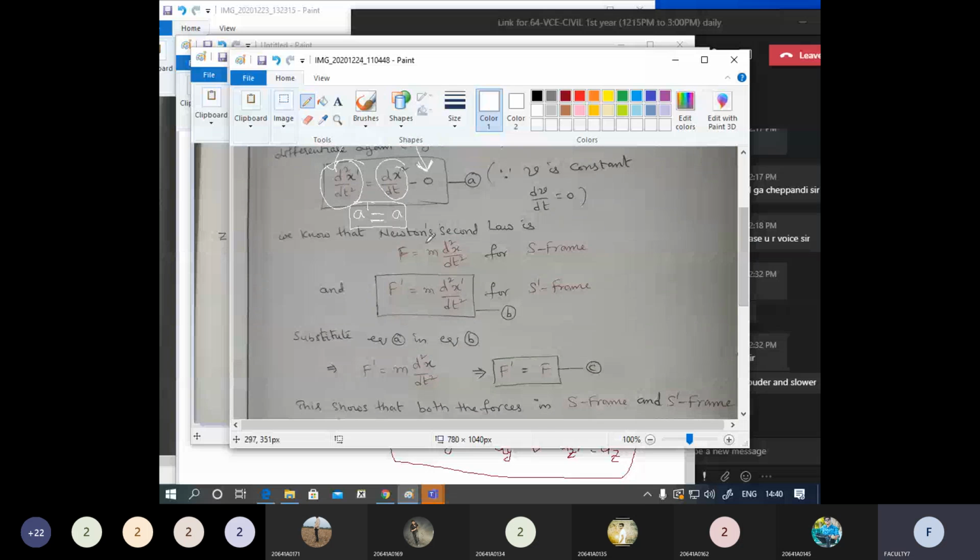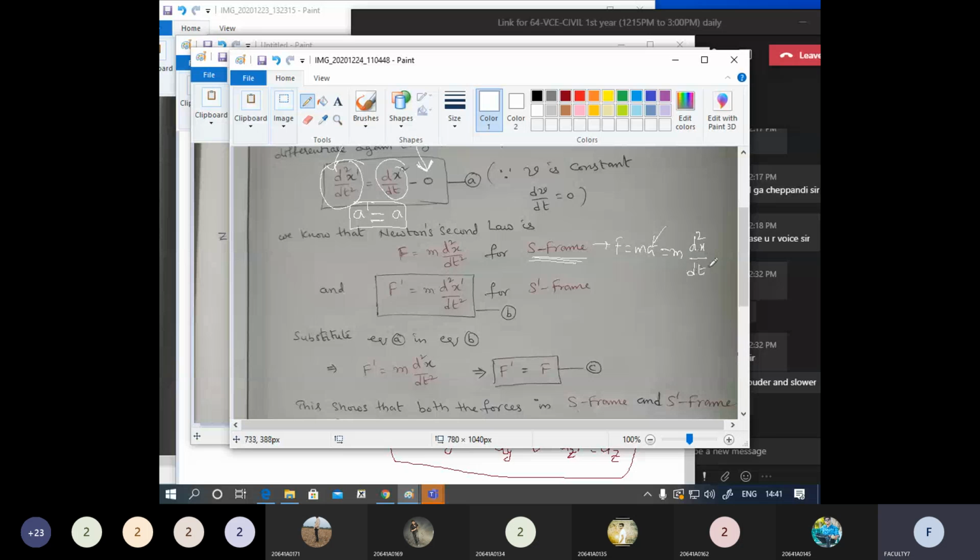Newton's second law: let us consider the S frame. In the S frame we can write F equals ma, where acceleration is nothing but d square x by dt square, so F equals m into d square x by dt square. This is regarding the first frame.